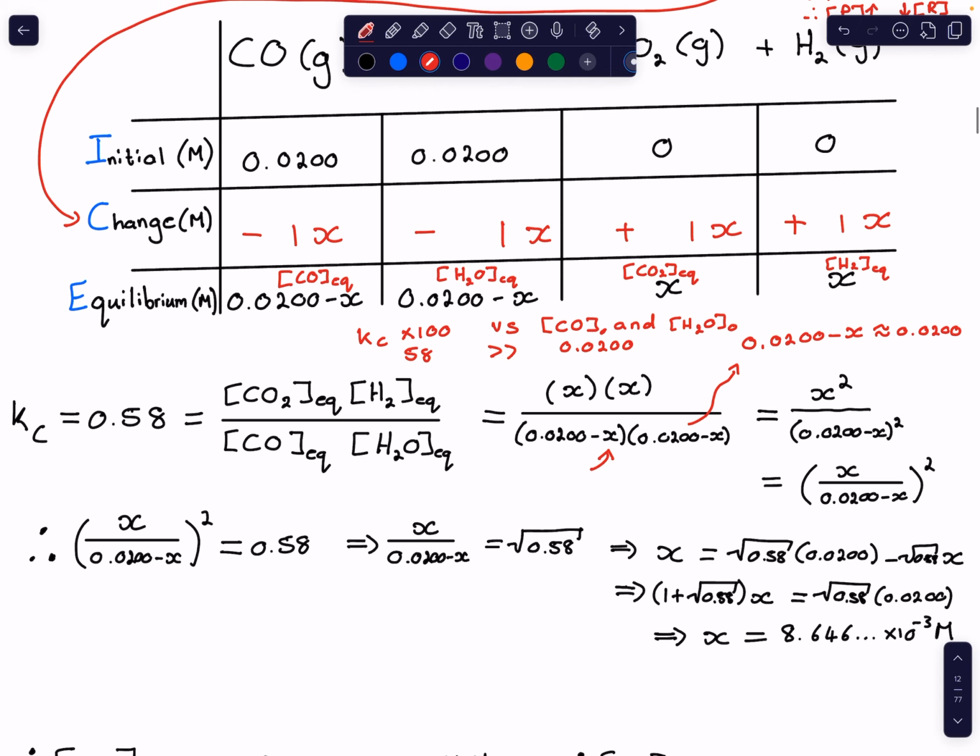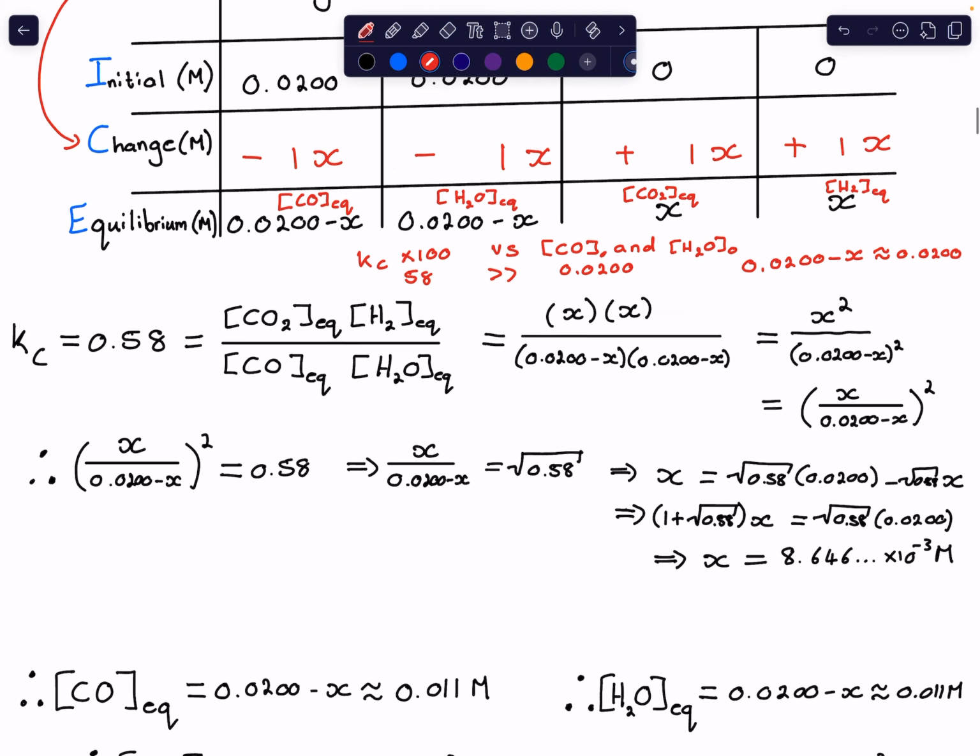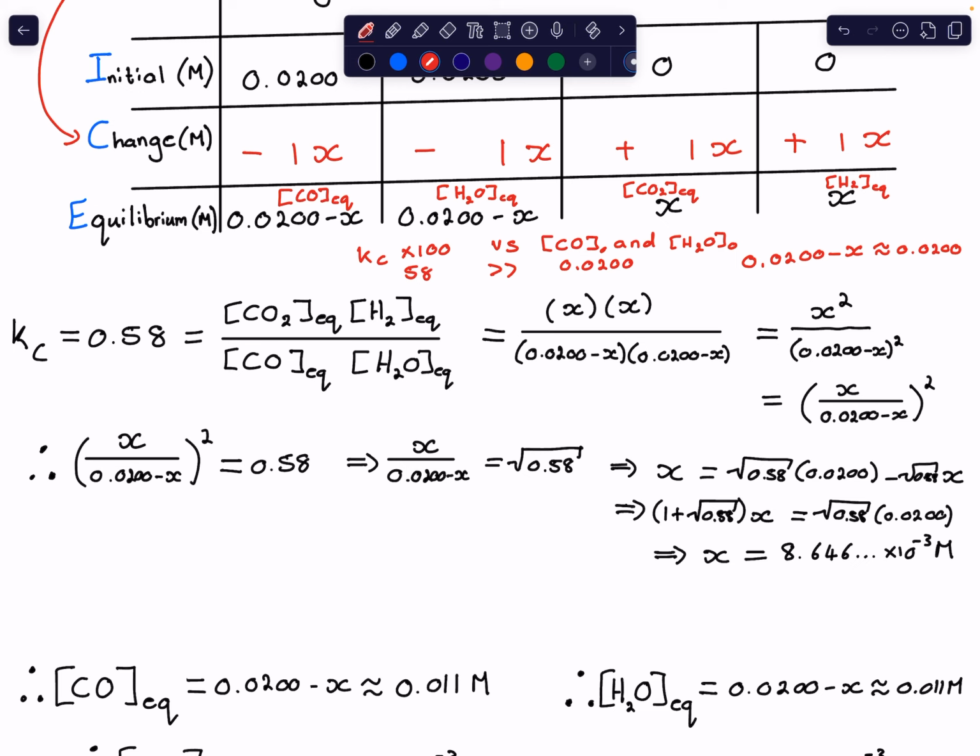If you did the approximation and got the same answer that you got at the top, then that's an indication that you could have done the approximation. So that's why I didn't do the approximation, but remember, you can always test whether or not the approximation will work. But in general, the approximation only works with very small Kc values, so that's the only time when it's really relevant to test it.